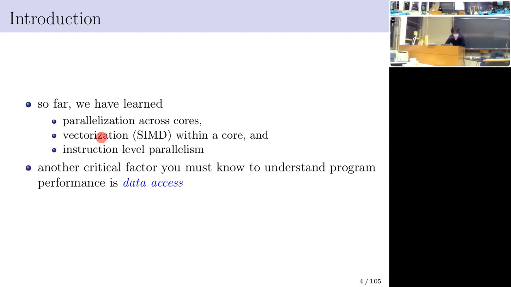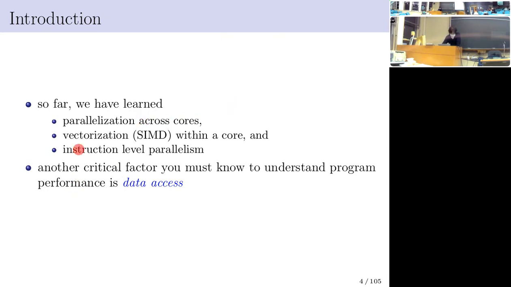And on CPUs, how you vectorize or utilize SIMD instructions within the core, and also instruction level parallelism. These are combined to get good performance on CPU. I didn't dig too much into how to get good performance on GPUs. If I have time, I'll get to this. But for the purpose of talking about different things in a limited amount of time, let's move on to a very different topic, which is about memory.